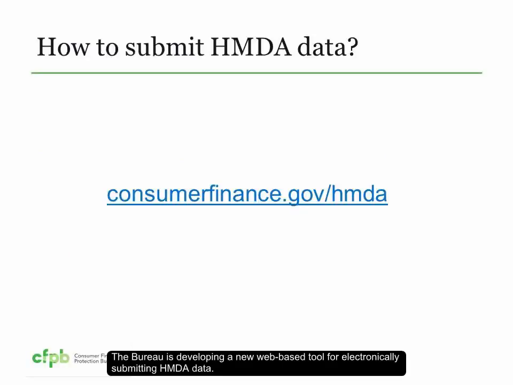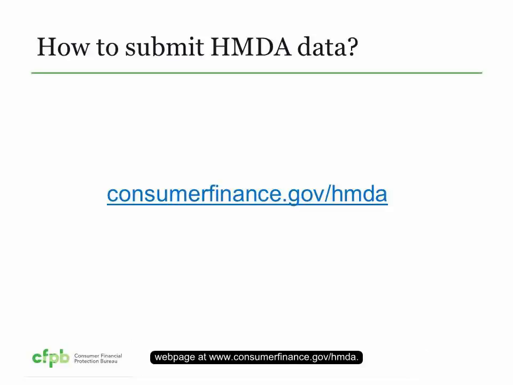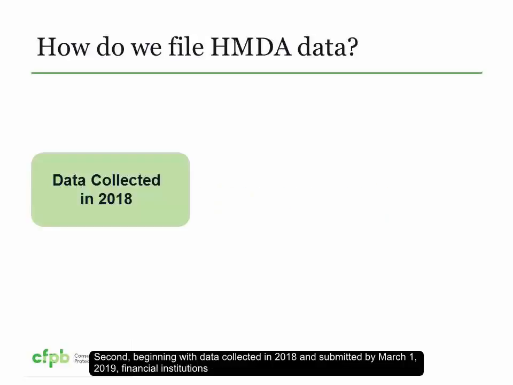The Bureau is developing a new web-based tool for electronically submitting HMDA data. Additional information regarding this tool will be provided later this year on the Bureau's HMDA webpage at www.consumerfinance.gov/HMDA.